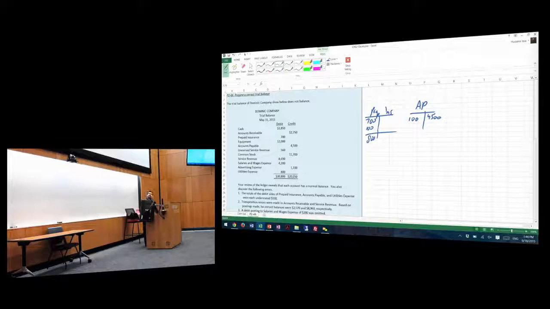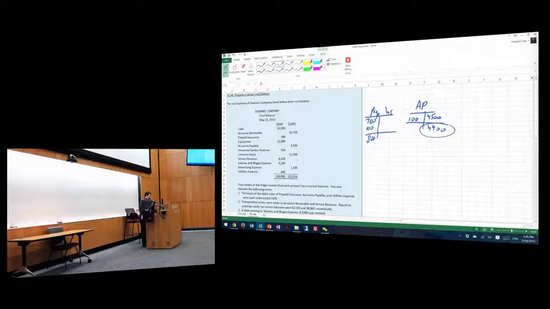The reason I'm using T accounts is that if you just add 100 to each balance, you might end up with 4,600 instead of the 4,400 for accounts payable. Do you understand the point here?